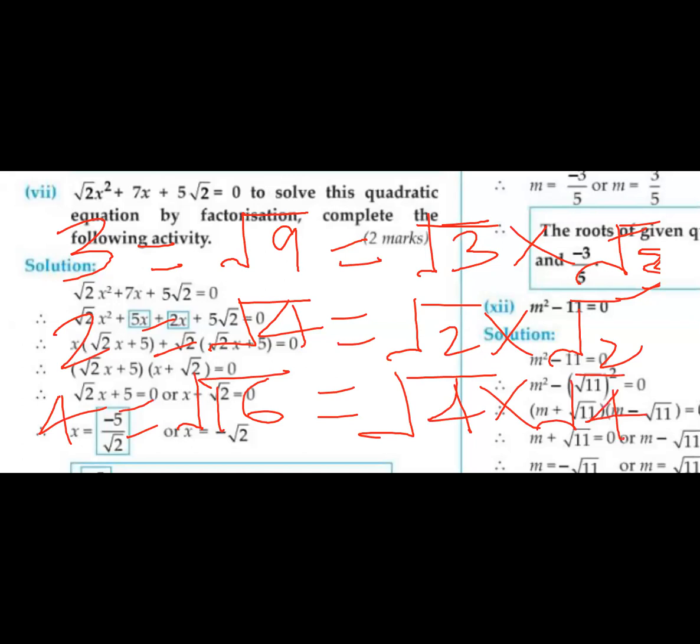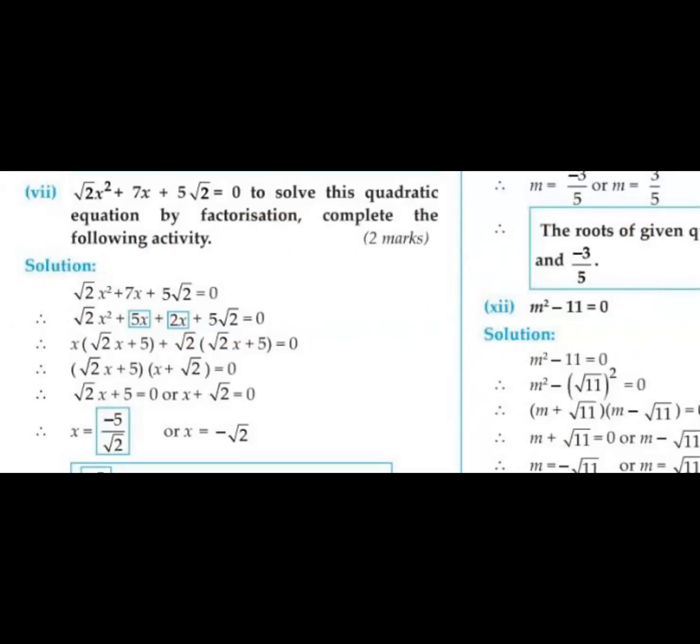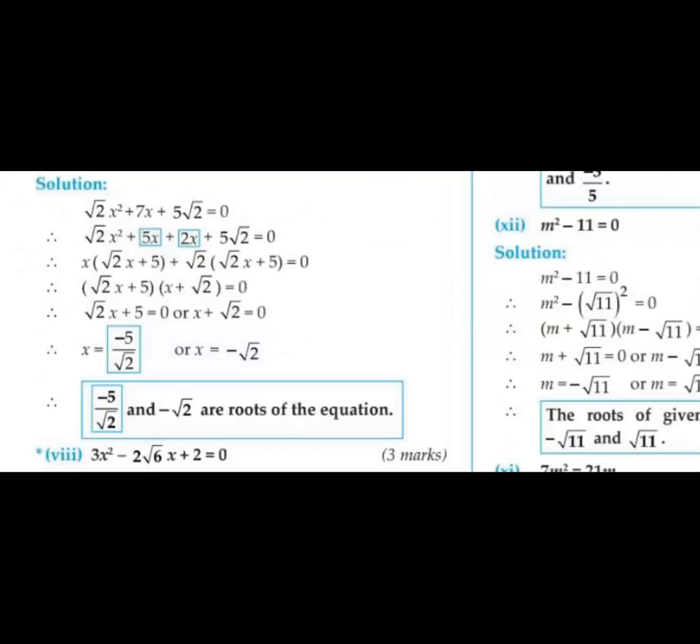That means if you multiply the same number in root form, we'll find the exact number. This root 3, if it is multiplied by itself, we get 3. Similarly, there are so many numbers. So here we apply the same property. x common, root 2x plus 5.